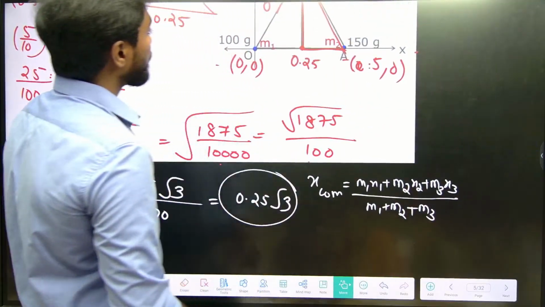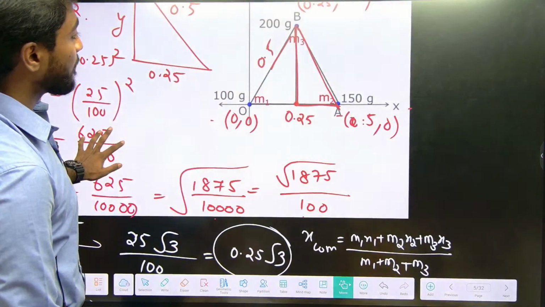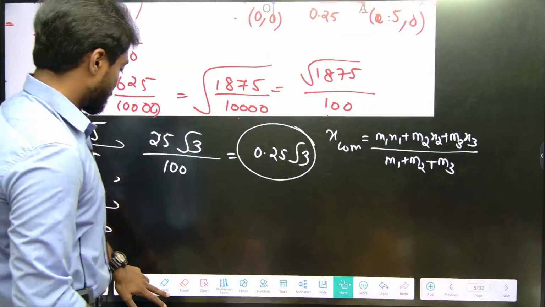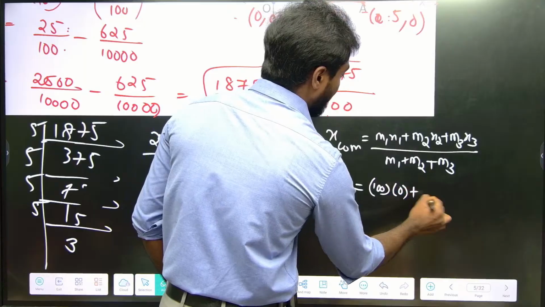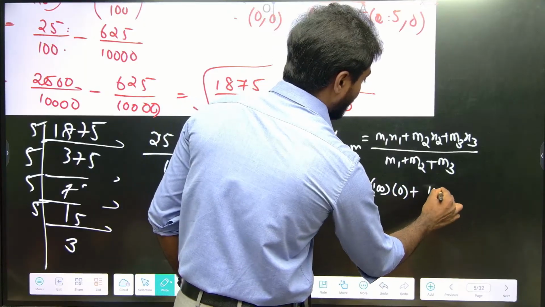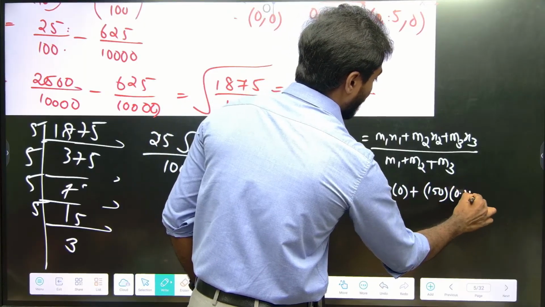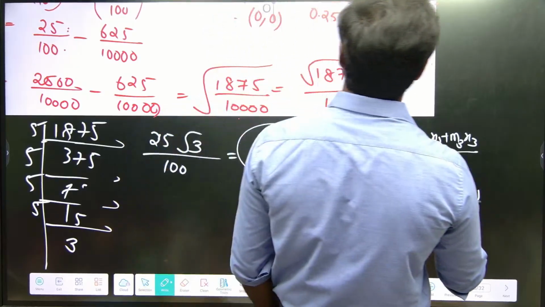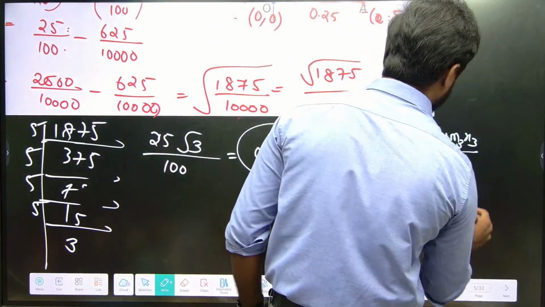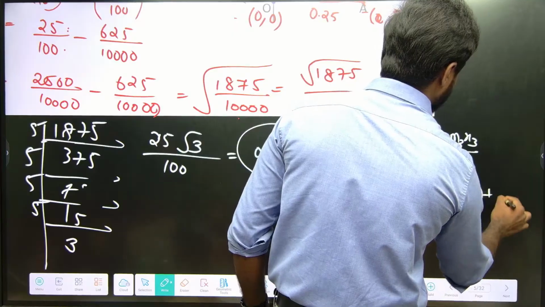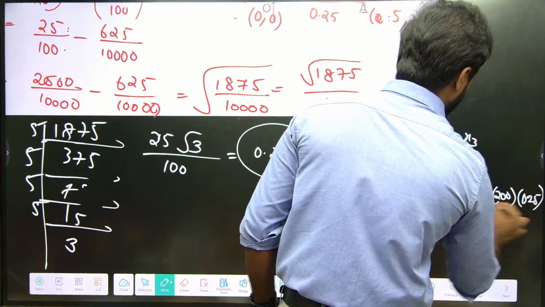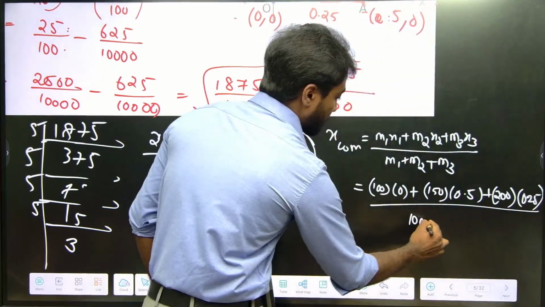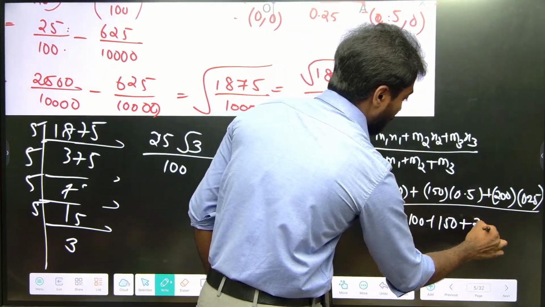Here 100, 150 and 200 are given. So 100 into 0 plus 150 into 0.5, plus 200 into 0.25, divided by 100 plus 150 plus 200.